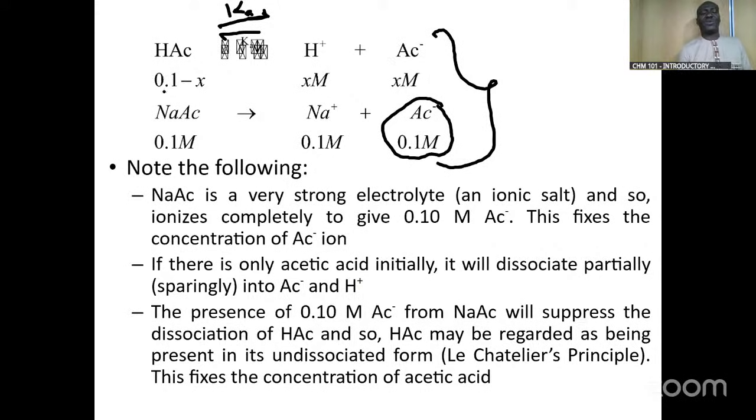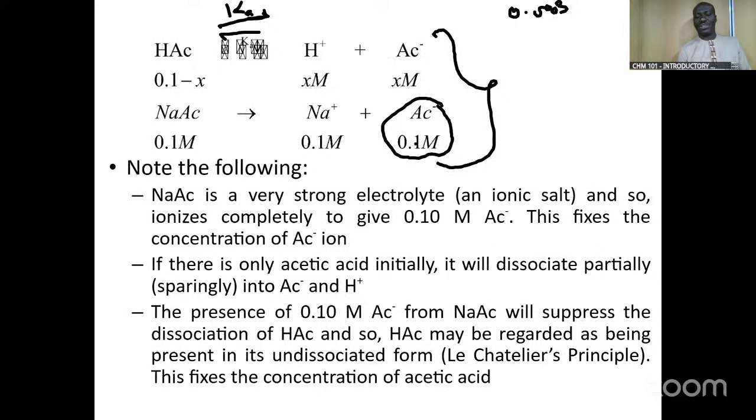So if you have 0.1 and you're looking at 3.33% of 0.1, apparently you're going to get something like 0.003 or 0.0003. So that's what will have come from this equilibrium.